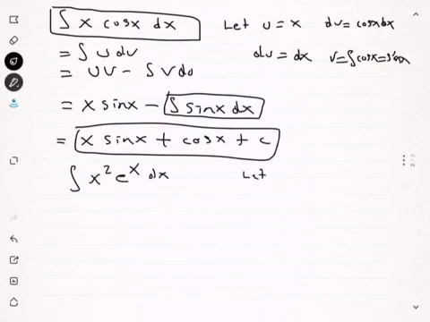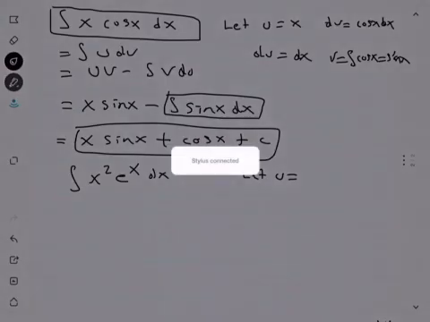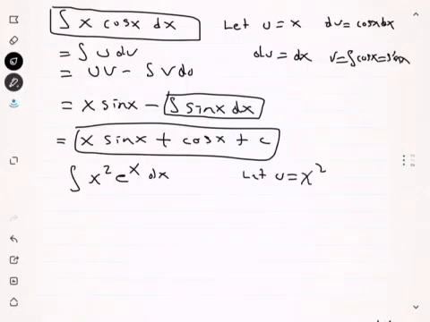So we're going to let u equal x squared, and dv will be e to the x dx.